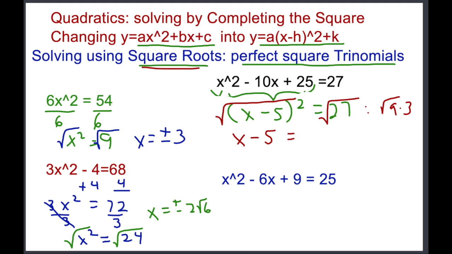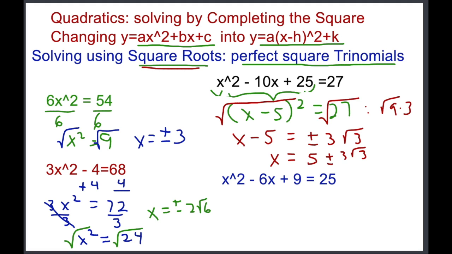The 3 pops out as a perfect square root, and it's a plus or minus 3. So our two solutions are x equals 5 plus 3 the square root of 3, and also 5 minus 3 the square root of 3.